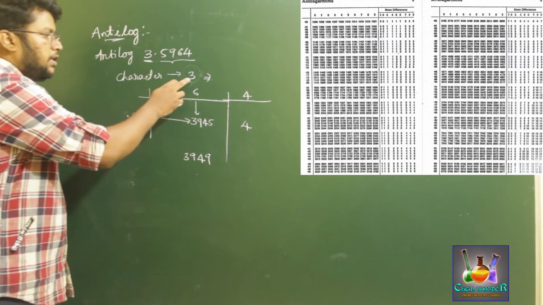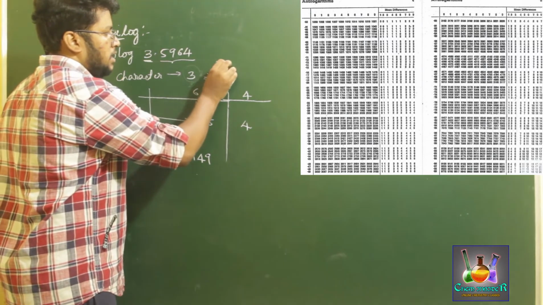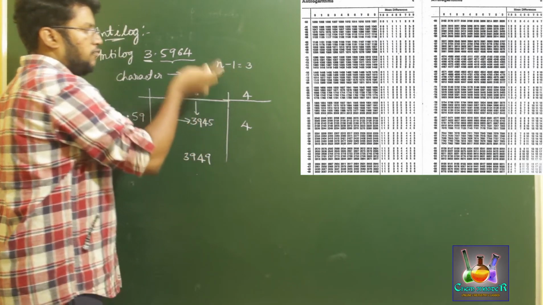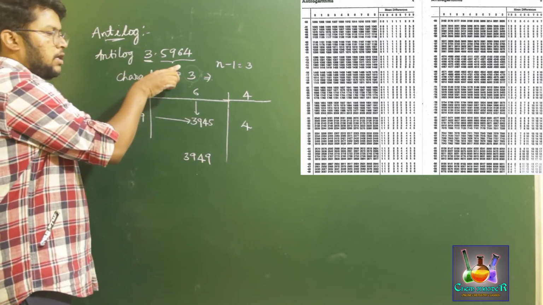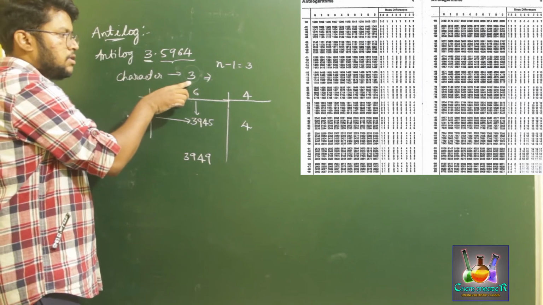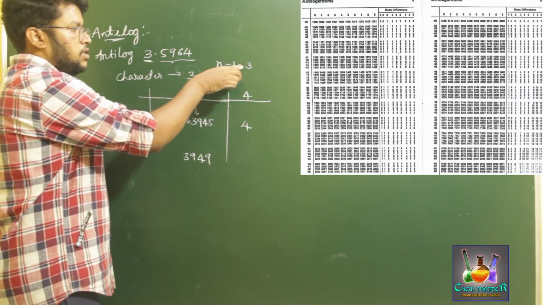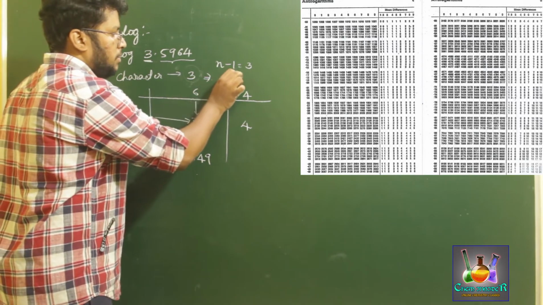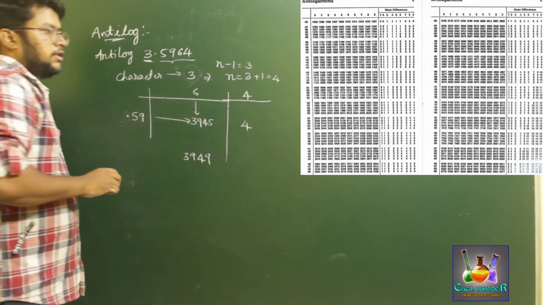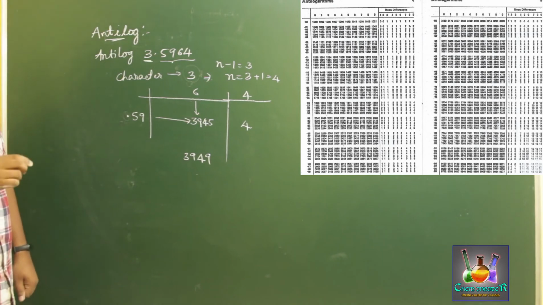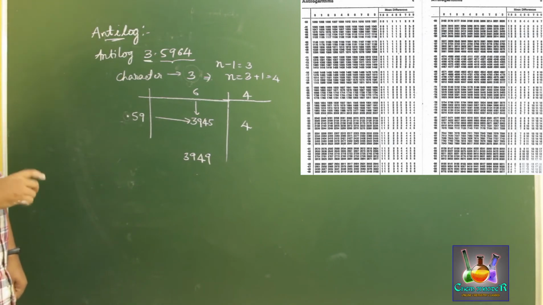How did we derive this 3? We derived it as n minus 1 is equal to 3 for the logarithmic answer. That means n will be equal to 3 plus 1, that is, n is equal to 4. This indicates that we need to put the decimal point after 4 digits from the left side.